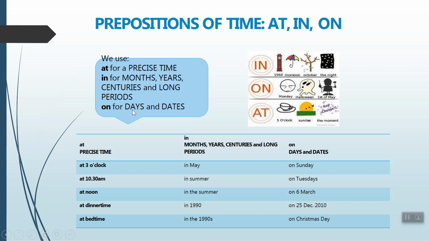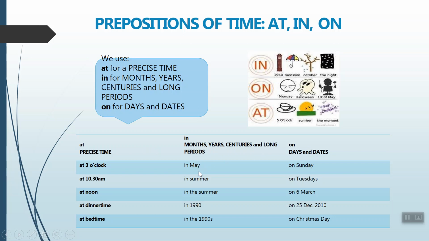On for days. For example, at a precise time: at 3 o'clock, at 10:30 a.m., at noon, at dinner time, at bed time. You see, precise, يعني وقت دقيق.